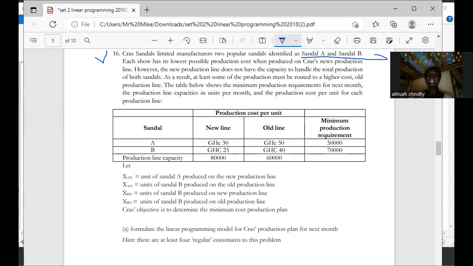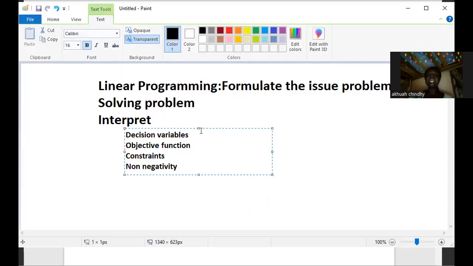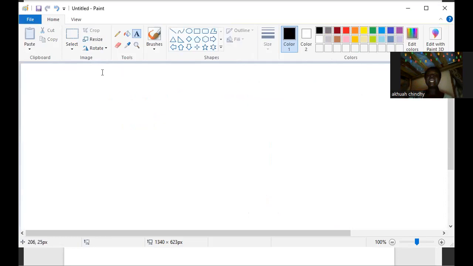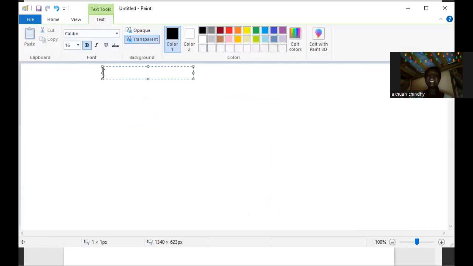Let's come here. So here we are looking at the decision variable. We are saying that the decision variables here concern sandals A and sandals B. A and B are different. Since we don't know the quantity to produce yet, we have to represent them with unknowns.